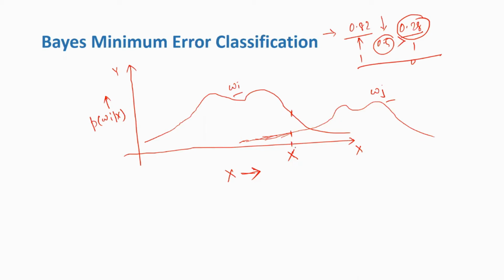For any given feature vector x, there is a high chance that it will belong to one class, say omega I, but it also has some probability of belonging to some class omega j, but that will be very much less as compared to omega I. And then there is some error made in that. Whatever the difference in those probabilities, that we are calling error.